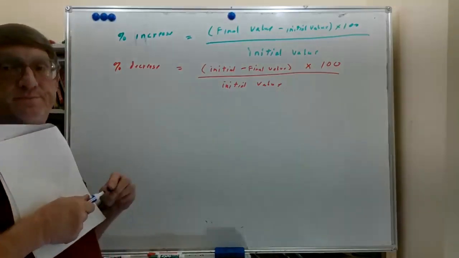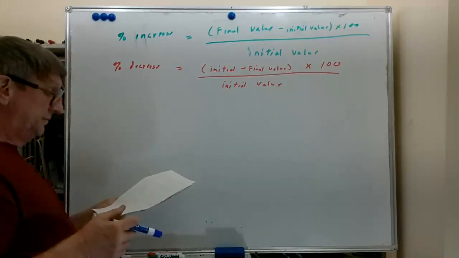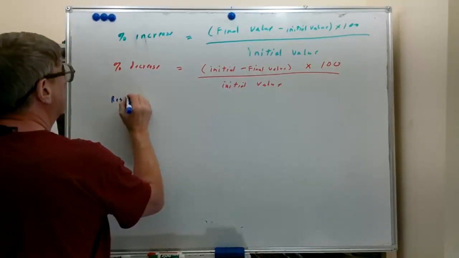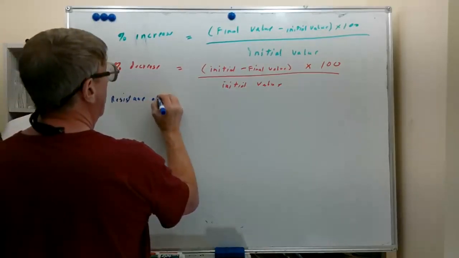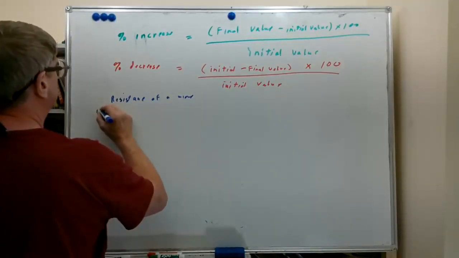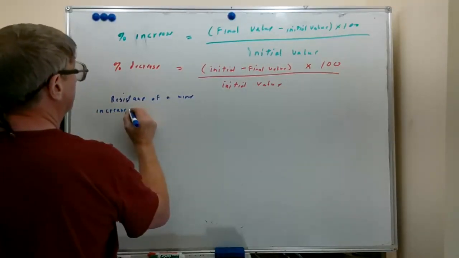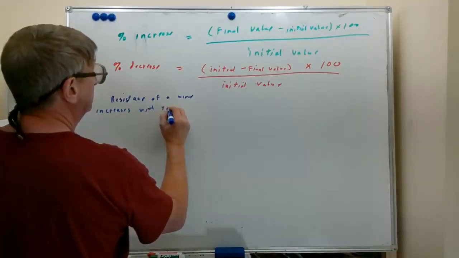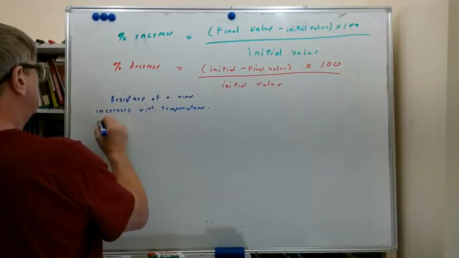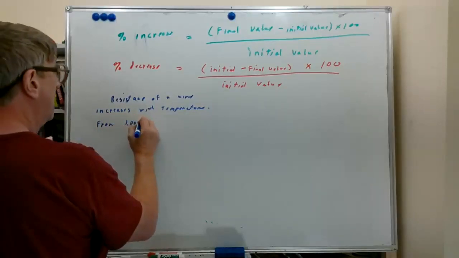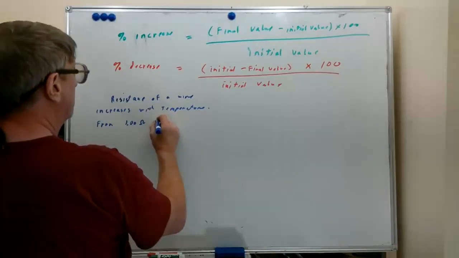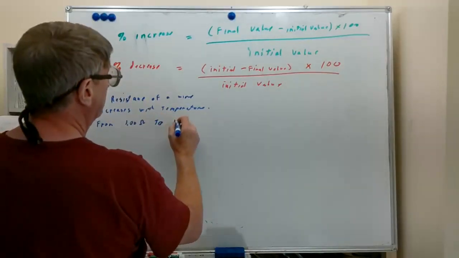One more example here we want to do. The resistance of a wire, again kind of an electrical example, increases with temperature from 1 ohm, and ohms is the value for resistance, omega, we use that quite a bit, to 1.02 ohms.